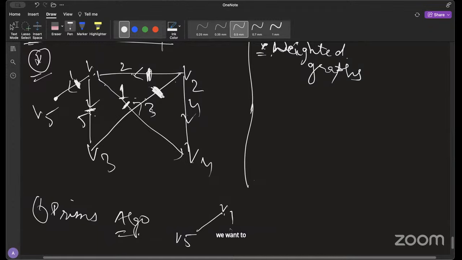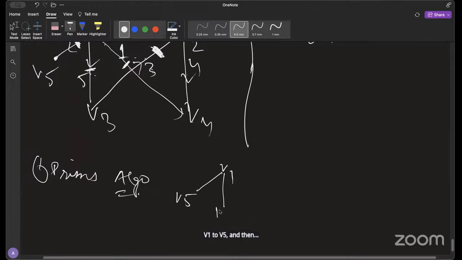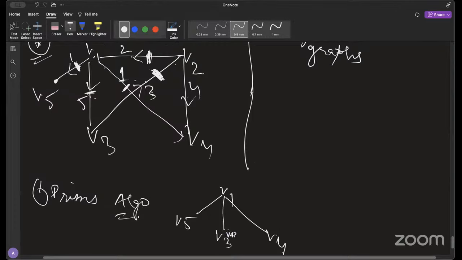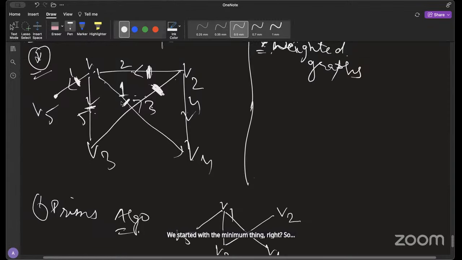V1 to V5, and then V3, V4, V2. And we won't choose this one actually. We started with the minimum thing, right? So we choose this first.